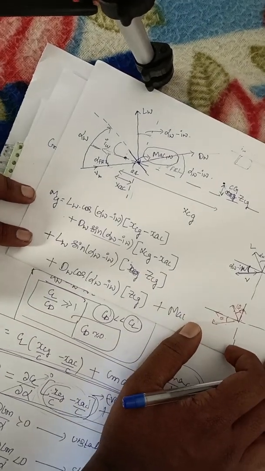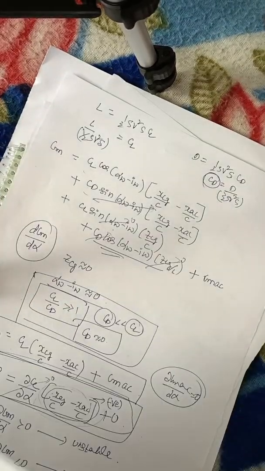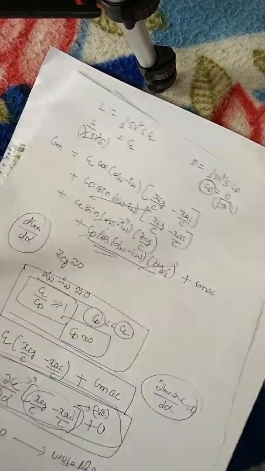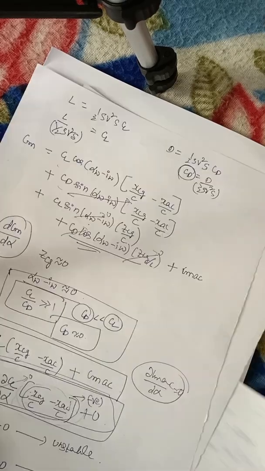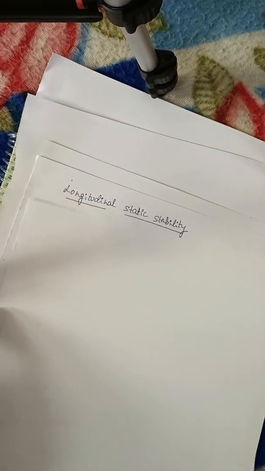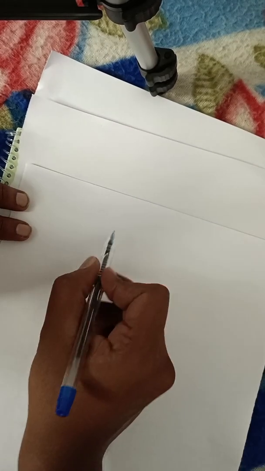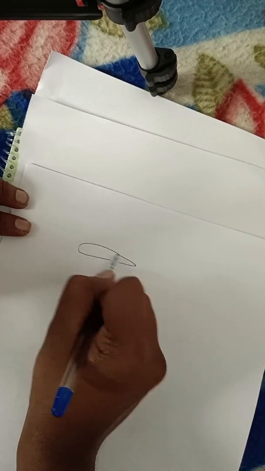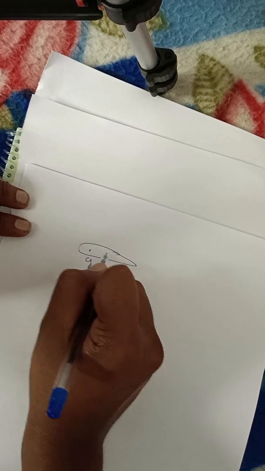Similarly, we are going to solve the contribution of the tail also, but not in this section, in the next section. But one more thing I want to add here, as a designer you should know this. If you want to make an aircraft stable, what should I do? Of course, for any lifting surface, I should place the CG point forward of my AC point.